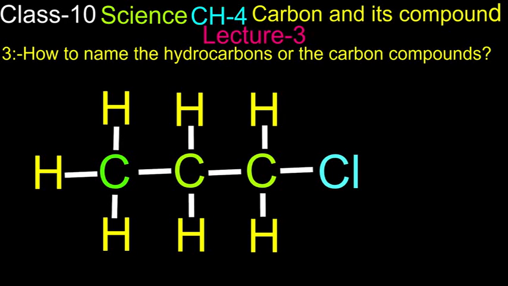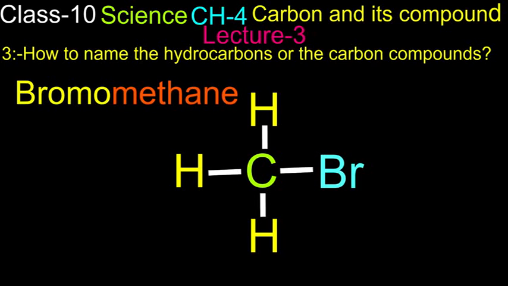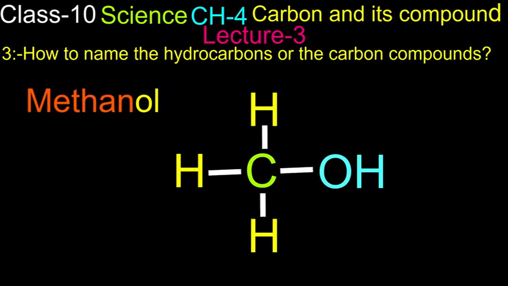And if a heteroatom is present, then we have to find out the functional group. In case the heteroatom is a halogen, then prefix the halogen name by replacing INE with O, and then write the parent hydrocarbon name. For example, chloromethane or bromomethane, and so on. And if functional group is OH or alcohol, suffix OL is added instead of E, means methane becomes methanol.